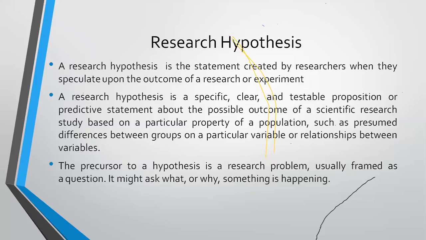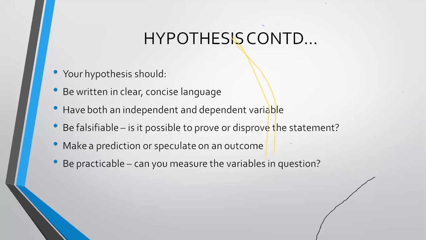There are different types of hypotheses. The first one is we have the null hypothesis, we have the alternative hypothesis, we have directional, we have non-directional hypothesis, we can have causal hypothesis. What do I mean by null hypothesis?